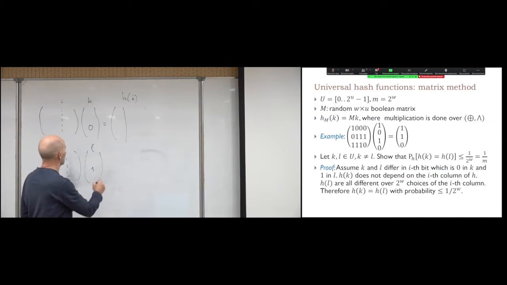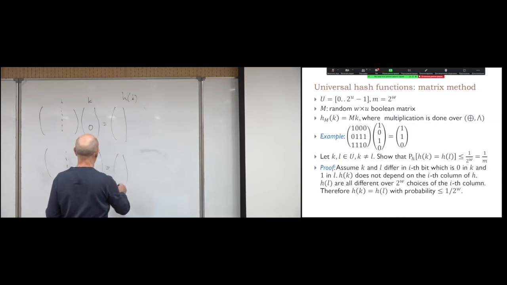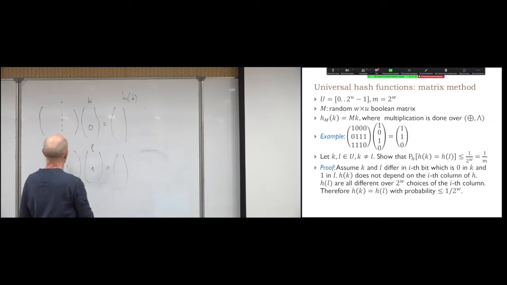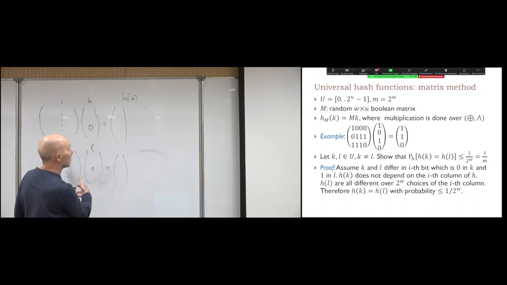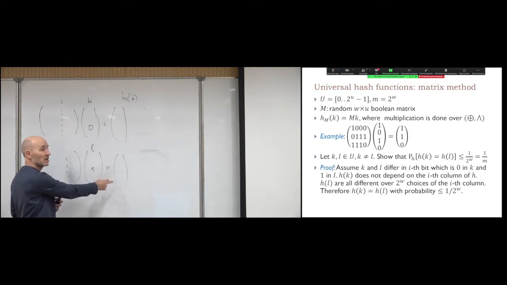So the result will depend, of course, on the i-th column, and moreover, for different columns we'll have different results, because this is XOR. By XORing with different vectors of size w, we will have different results.